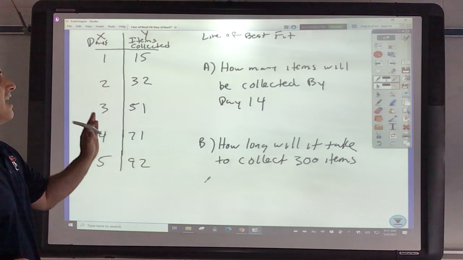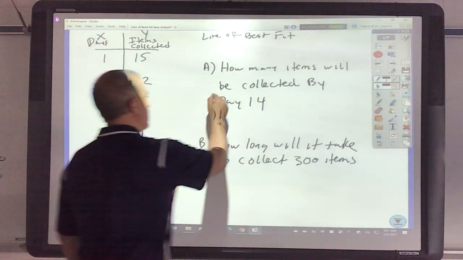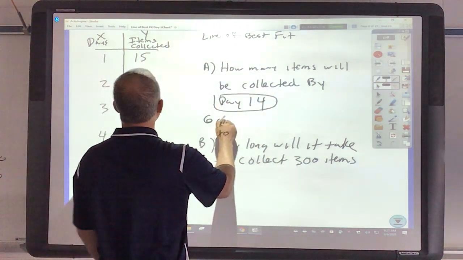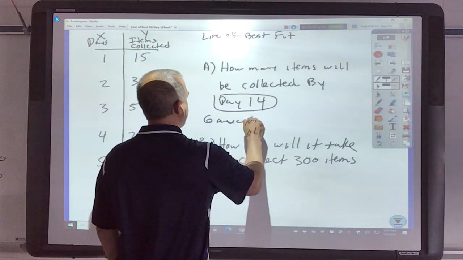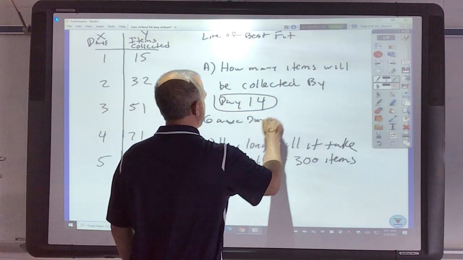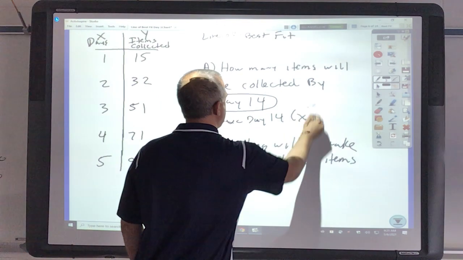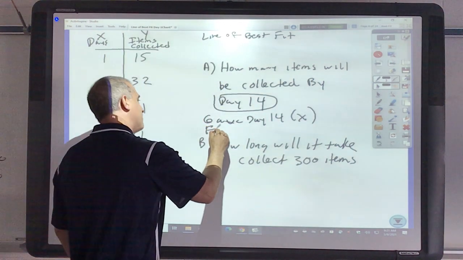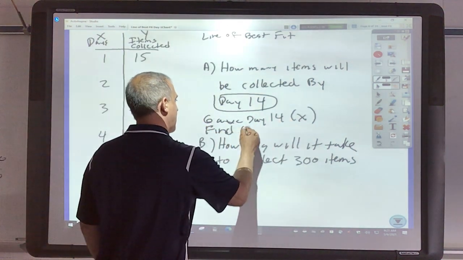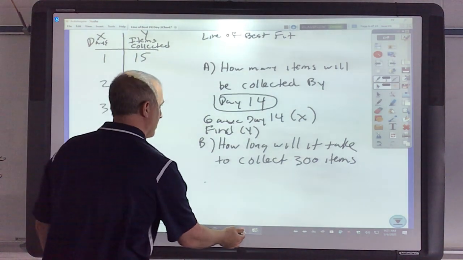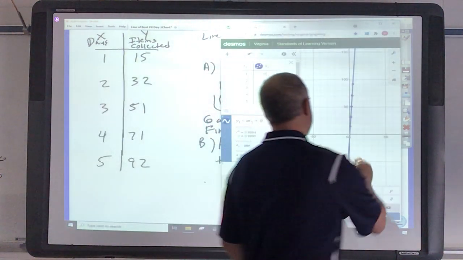It says how many items will be collected by day 14? So they gave day 14, which is the x. So I have to find the y.